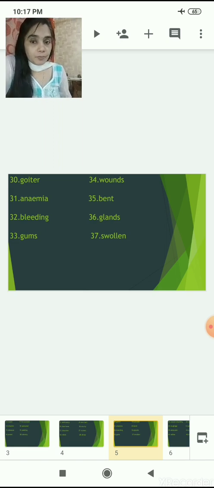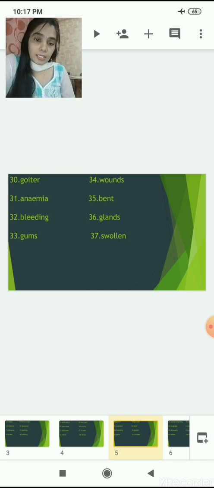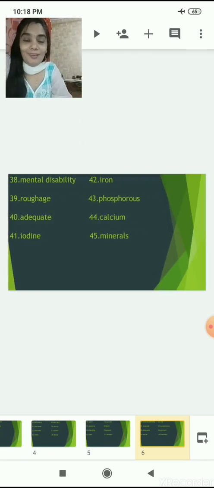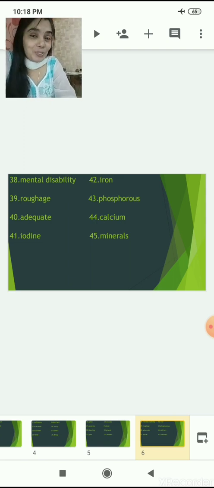Repeat again: goiter, anemia, bleeding, gums, wounds, bent, glands, swollen. Yes, many words are there.